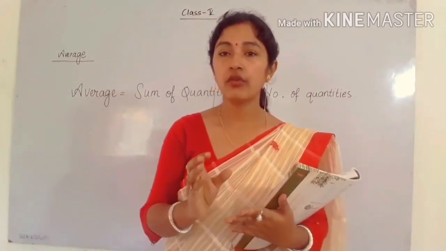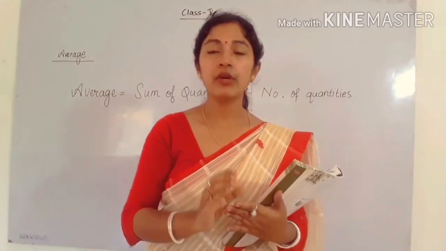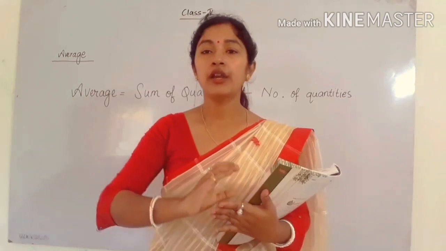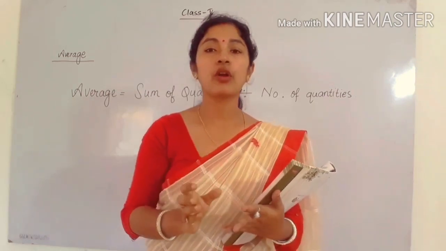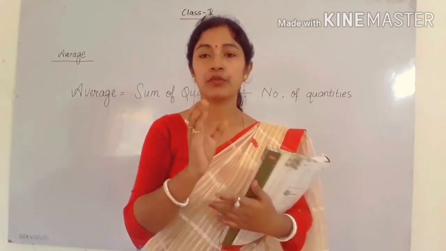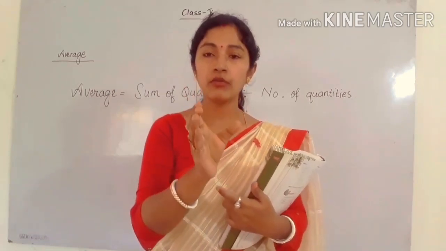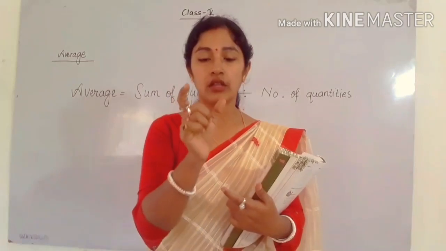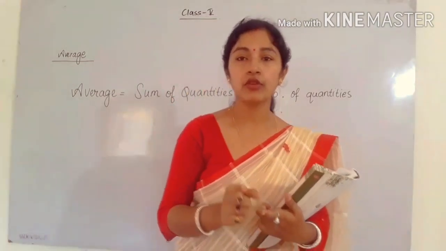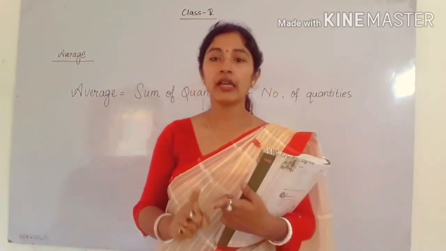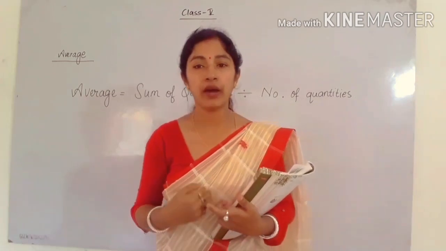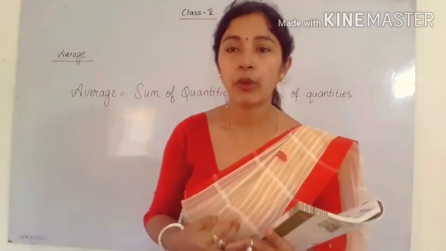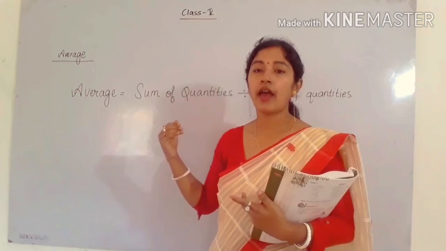After addition you will get one number, and that number you have to divide by the number of quantities. Our number of quantities was 3, so the sum is divided by 3. In that way you will find the average.